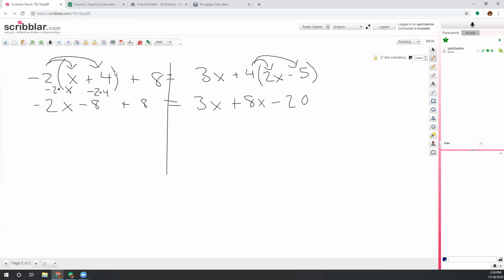So on the left side, what like terms could we combine together? Which ones either have the same variable or no variable at all?